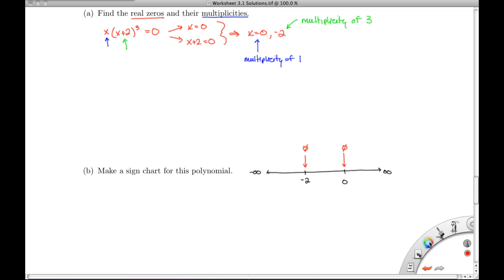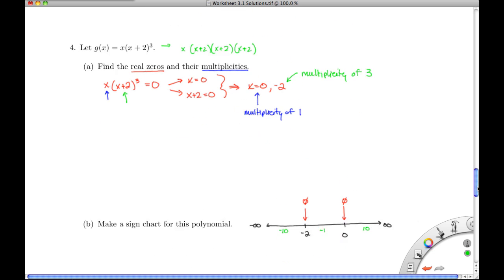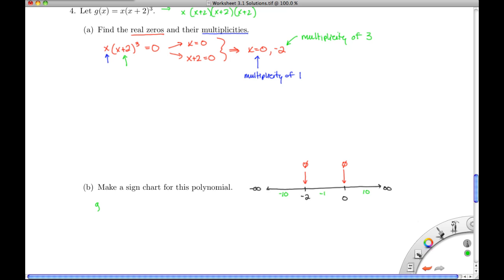Now, here we just go ahead and pick test points. Kind of like we did before, I'm going to pick -10 there. How about -1 and then +10? If we took our function, which we have called g, g of -10, all we're interested in is whether this is going to be positive or negative. So here we would have -10 times (-10 plus 2) cubed.